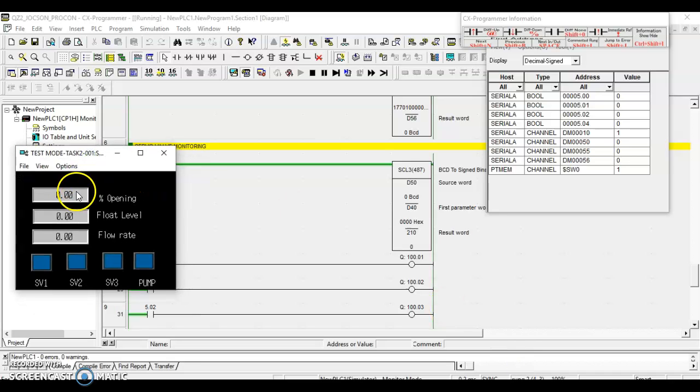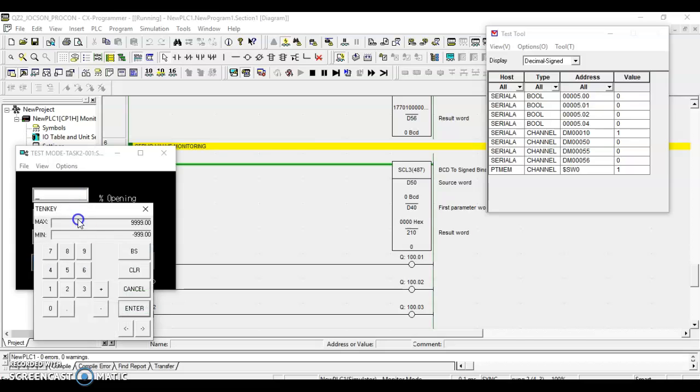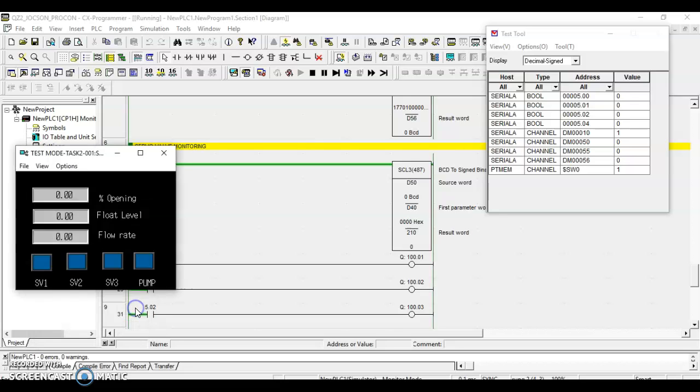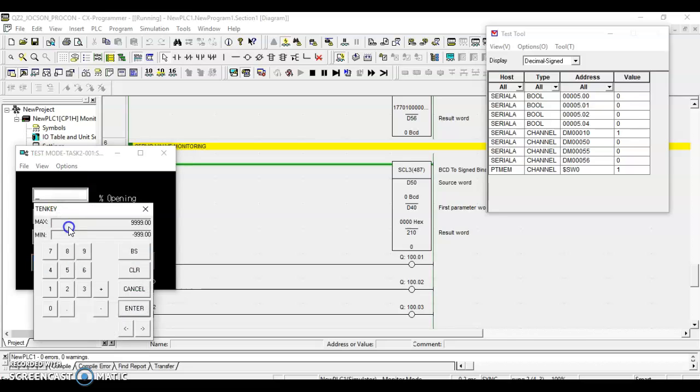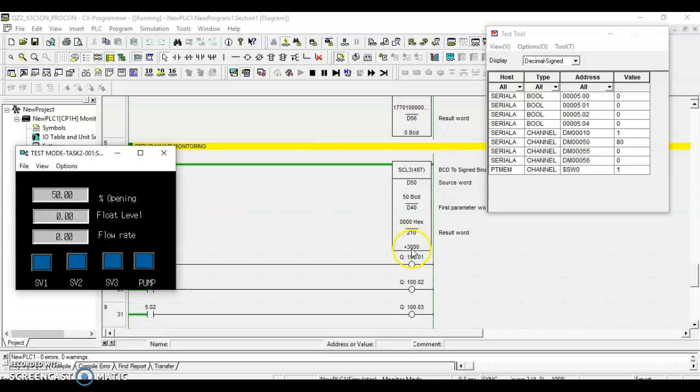Okay. So first, if we fully close the opening, this is the result. But if we close it half, it will result to 3,000.